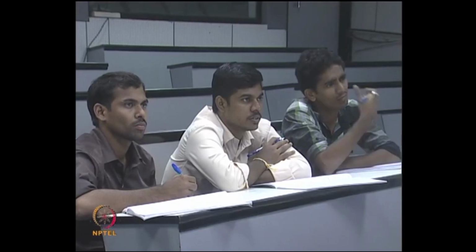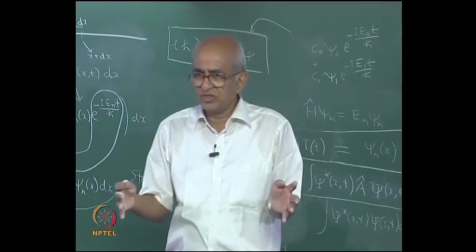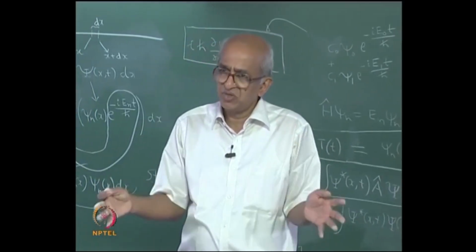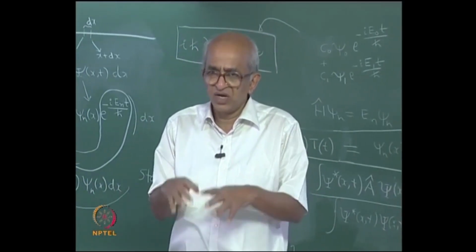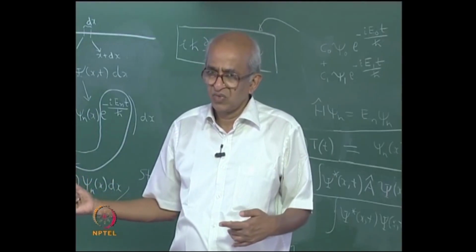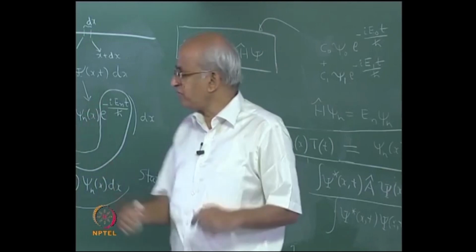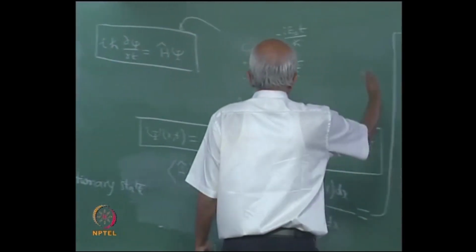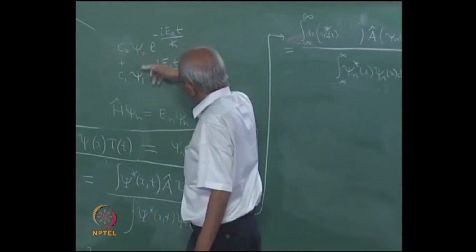This is a property of the time dependent Schrodinger equation. If you have two solutions, you can just add them together, and the sum will also be a solution of the same equation. So, having found special solutions, these are actually special solutions.